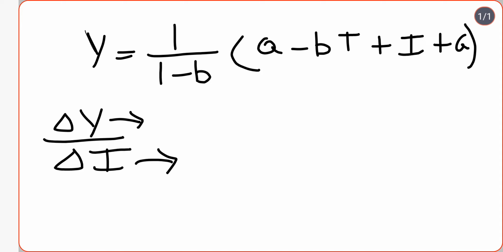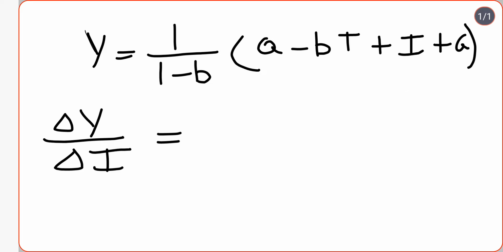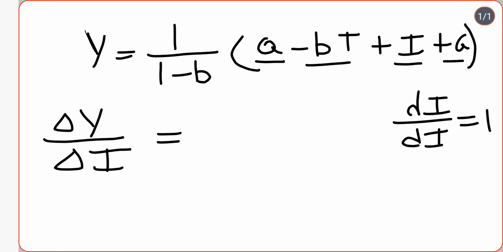So I want to determine the change in income due to the change in investment. That is nothing but taking the derivative of this entire expression with respect to I, or with respect to investment. This term will not have any I, this term will not have any I, this term will not have any I, this term has I or investment. So if we do the derivative, that is dI by dI, that will be 1.